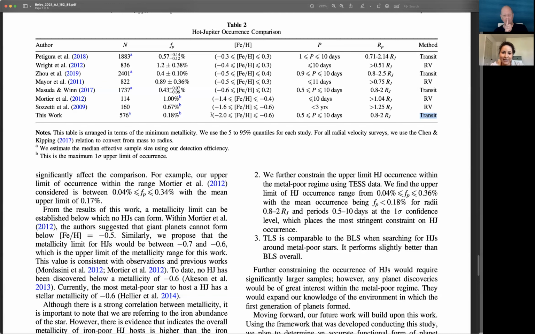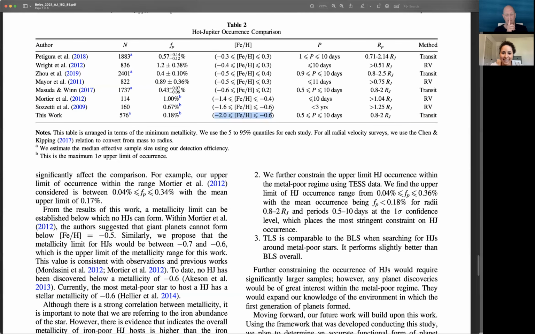Exactly. And so when you start looking at different metallicity ranges, you end up seeing on this table that the occurrence rates tend to go up with higher metallicity, which is something that we would expect. So this is very much in line with previous works. And ours by far has the lowest metallicity range of any sample so far.